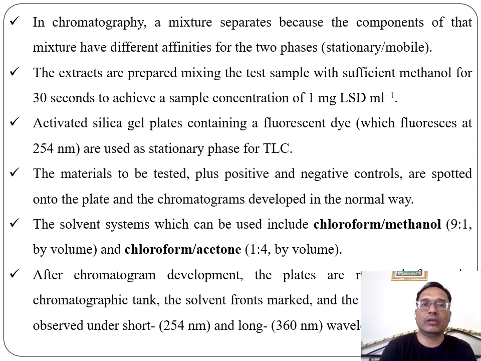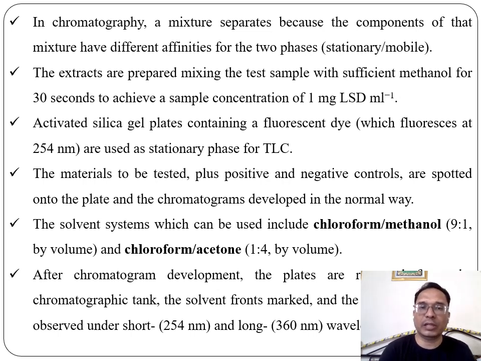In TLC, or in chromatography, a mixture separates because the components of that mixture have different affinities for the two phases. The extracts are prepared by mixing the test sample with sufficient methanol for 30 seconds to achieve a sample concentration of 1 milligram LSD per ml. An activated silica gel plate containing a fluorescent dye is used as the stationary phase for TLC.